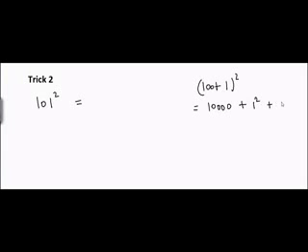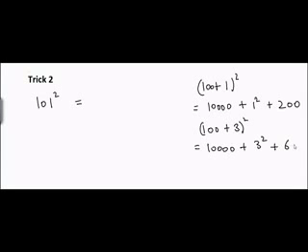In the same way, if we have 100 plus 3 square, then that will be equal to 10,000 plus 3 square plus 600, right? So when we have to take 101 square, what we have to do is add 1 into 2 at this point, so that will be 102, and then take 1 square, that will equal 1 here.